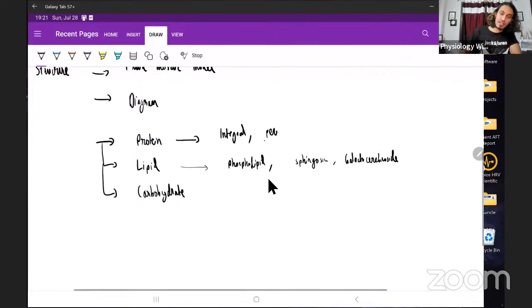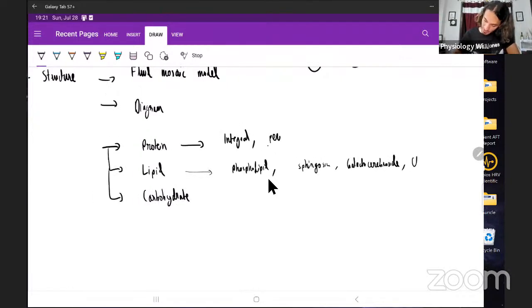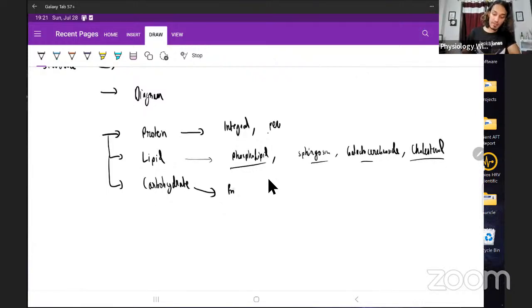Like that, other various lipid structures, and importantly, I forgot to mention cholesterol. And what are the functions of each of them? And then talk about carbohydrates, which types of carbohydrates are there, like proteoglycans and glycoproteins. Like that, you mention the different carbohydrates and their functions.